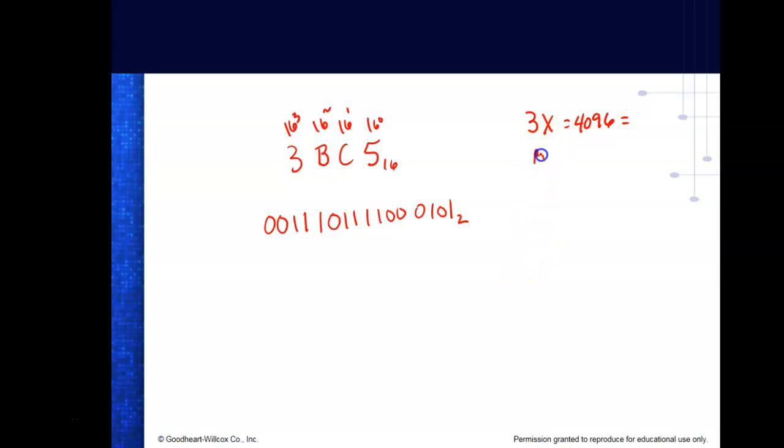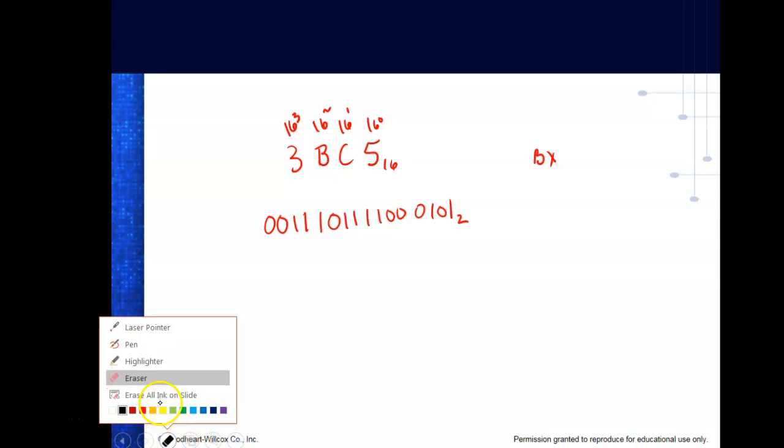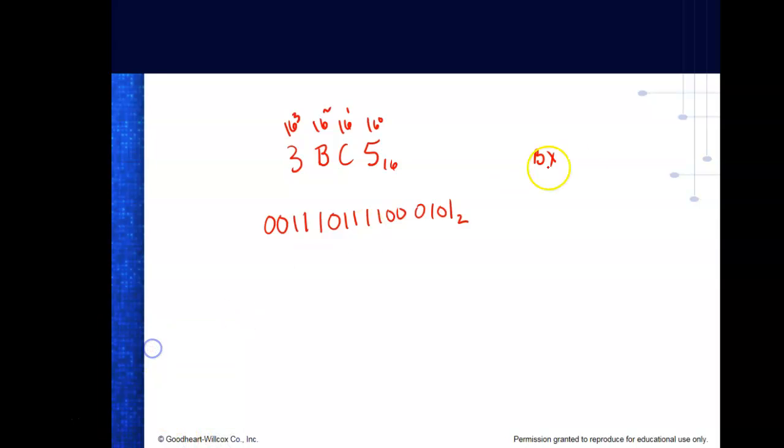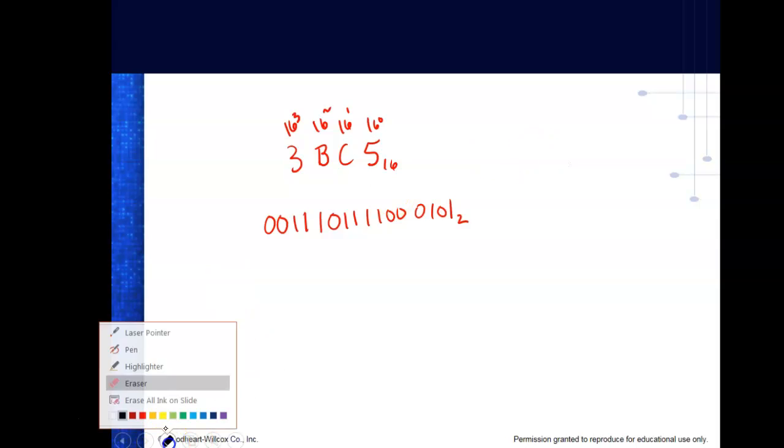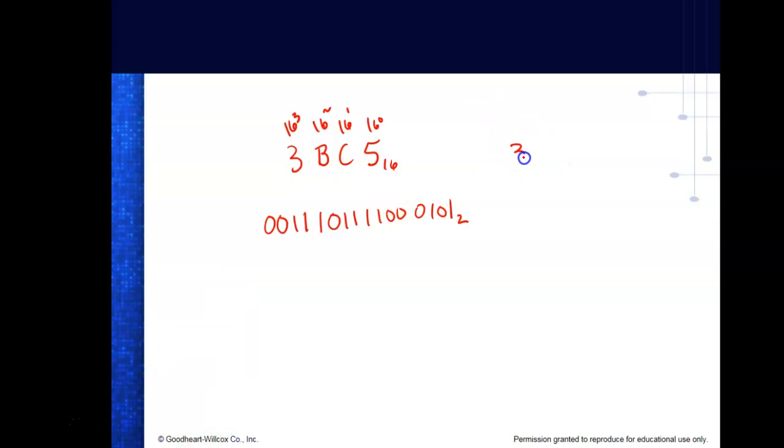Sorry, I got ahead of myself. Let me find my eraser. That wasn't right. Here you would have to use a calculator, but this can be done. So it'd be 3 times 4,096 equals.